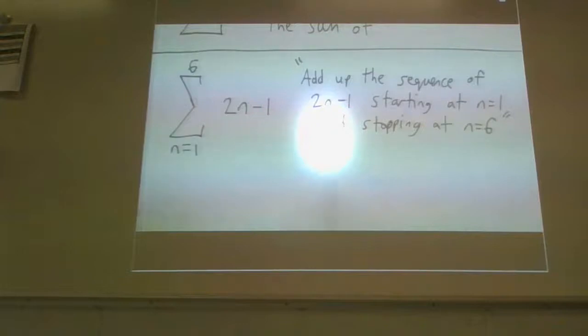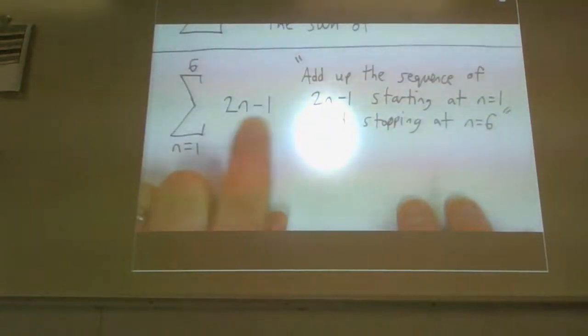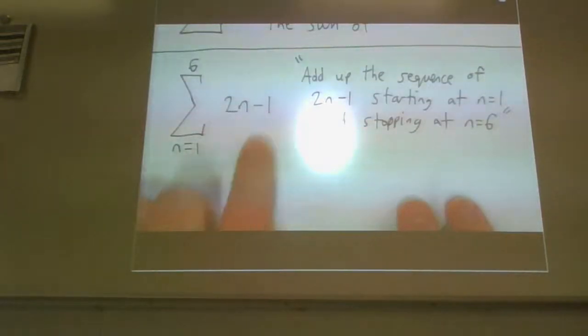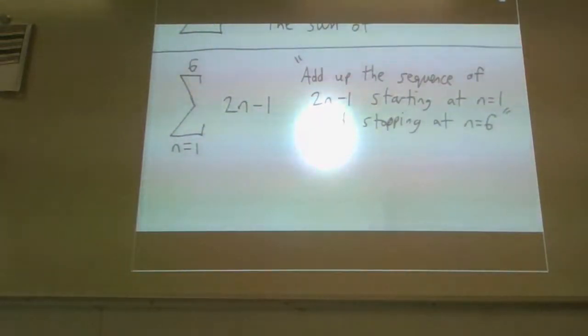It wants you to add up the sequence. That sigma is the sum of, add up, sum the sequence of 2n minus 1. The sequence is governed by that equation, starting at n equals 1, which is that number at the bottom of the symbol, and stopping at n equals 6, which is the number at the top.